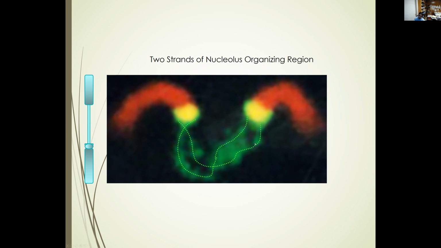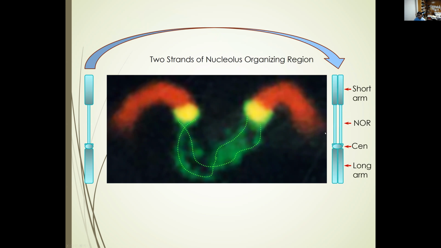It's two strings, and those two strings go with the NOR, and we get that two-string signal of 35S rRNA. That's really a powerful image, and this can take it to a good journal.